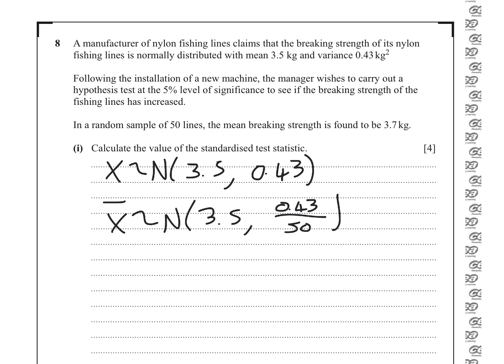So to work out our Z test, this is you standardizing what they've got. Just to remind you of that, you get their mean from the sample, you take it away from the assumed mean of the population, and then you divide that by the standard deviation. And the standard deviation of the sample means is going to be the square root of this, so the square root of 0.43 over 50.